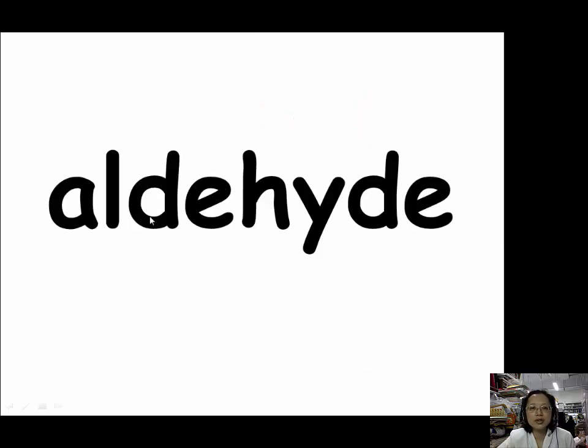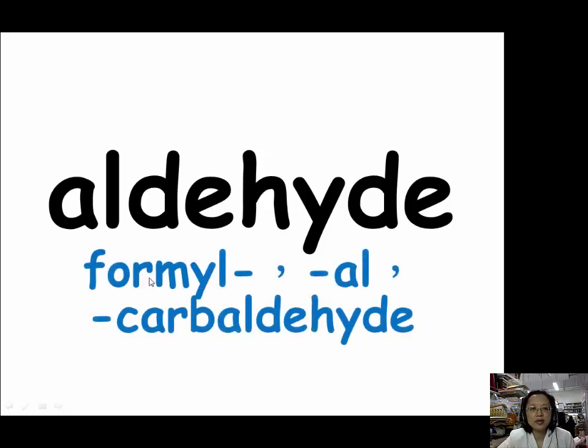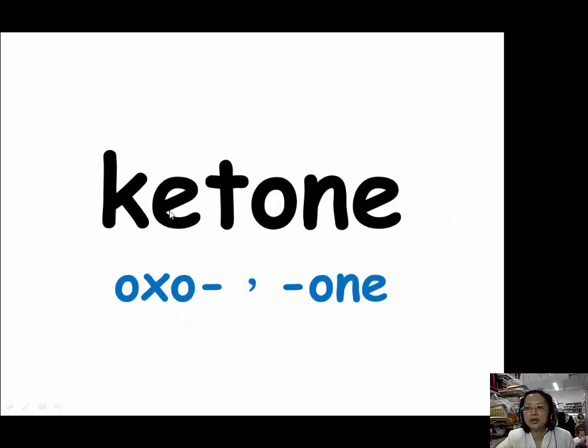Let's review what we just learned. For aldehyde, we have one prefix, formyl, and the two suffixes, al and carbaldehyde. For ketone, we have one prefix, oxo, and one suffix, one.